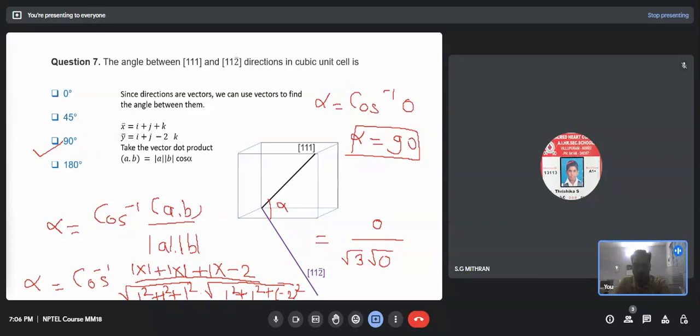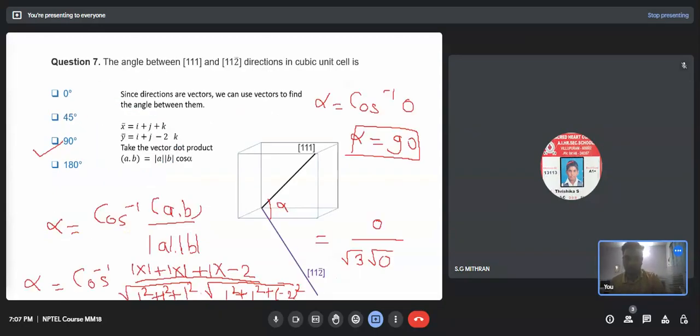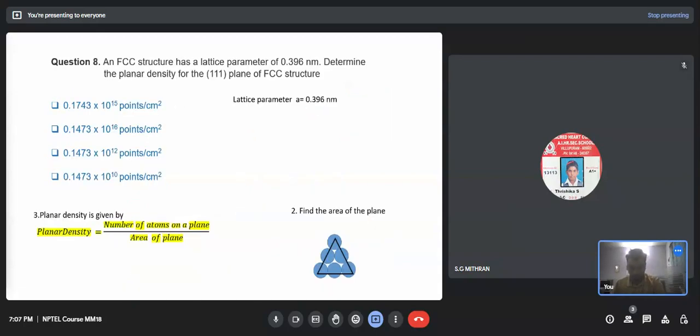Now we'll move toward the next question. Here we have to calculate the planar density. The question is: an FCC structure has a lattice parameter of 0.396 nanometer. Determine the planar density for the 111 plane of the FCC structure.